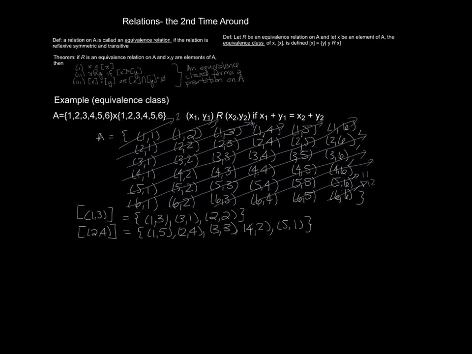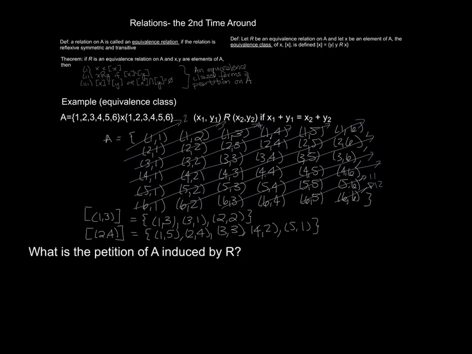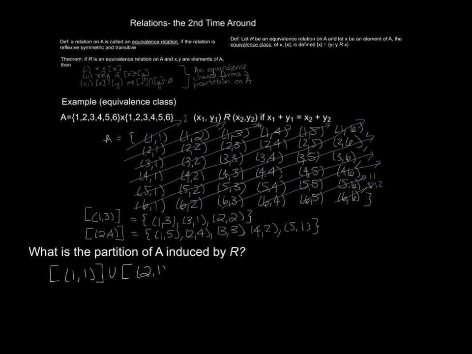So I'm going to shrink this to give me a little more space so that I can answer the question, what is the partition? That should be the partition of A induced by R. I can start with the equivalence class represented by 1, 1. That's the class that sums to 2. Next, I can look at the class that sums to 3, and I'll just choose one representative element, 2, 1.